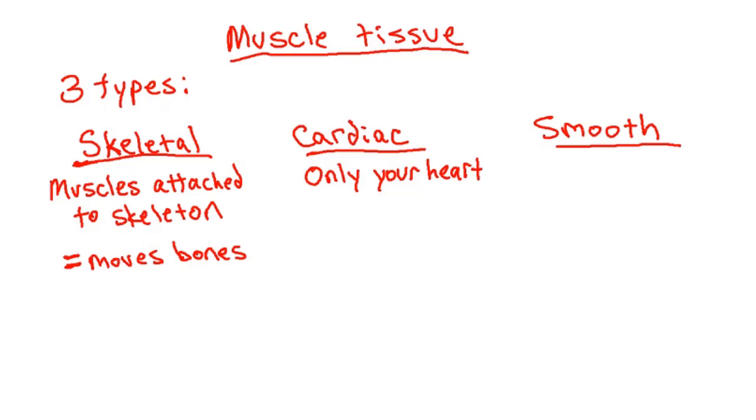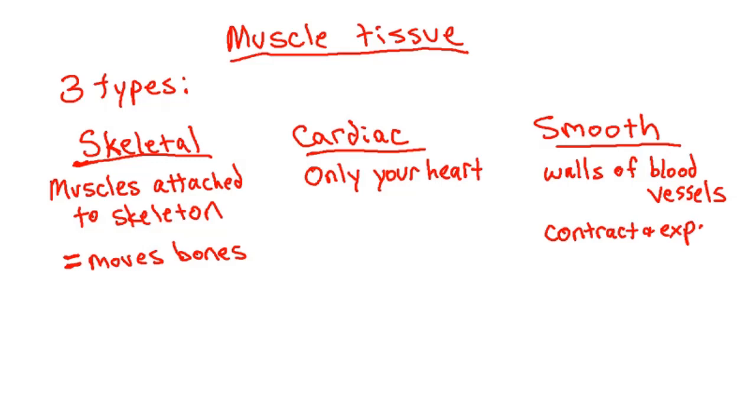Smooth muscle tissue is in the walls of your blood vessels, because believe it or not, your blood vessels have a muscular portion to them, because your blood vessels can contract and expand to deliver your blood faster to different places in your body.